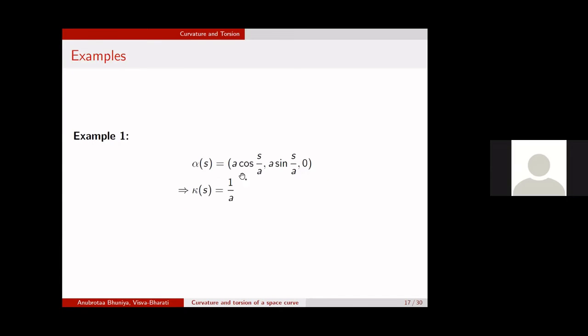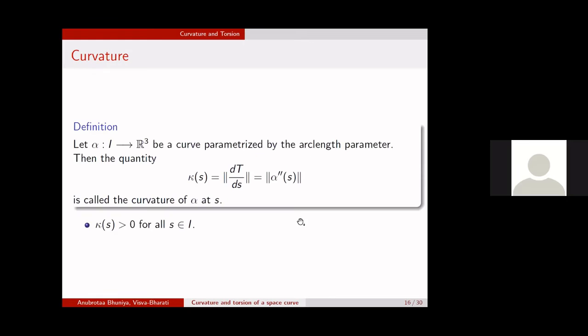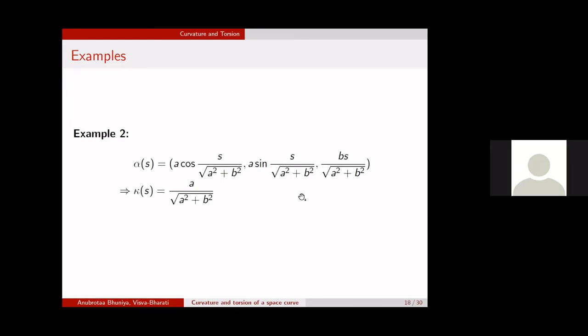Because if we take a circle of radius root over a square plus b square by a, then kappa s becomes a by root over a square plus b square. And so we are getting two space curves with the same bending. So just taking bending as a quantity, we can't get a particular curve.